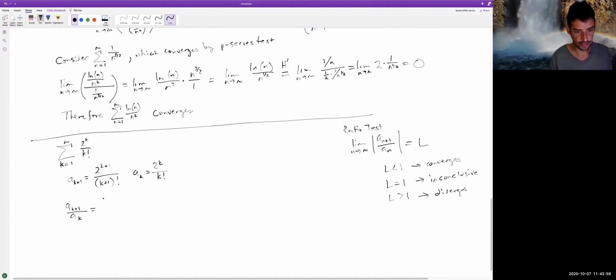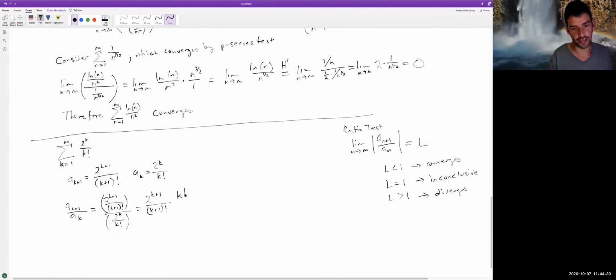So I get 2 to the k+1 over k+1 factorial divided by 2 to the k over k factorial, which is equal to 2 to the k+1 over k+1 factorial times k factorial over 2 to the k. We do some algebra.